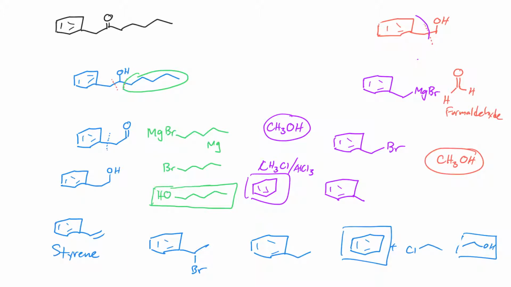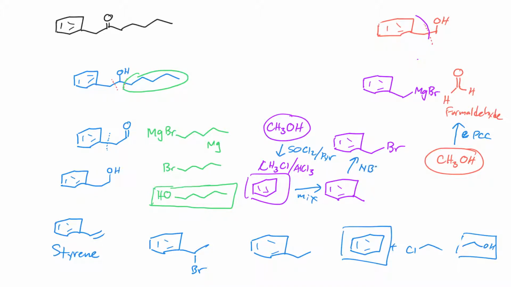So let's go from the left side here. I can take methanol, oxidize that using PCC to make formaldehyde. I can take methanol, turn that into methyl chloride via SOCl2 and pyridine. Then I can react benzene with aluminum trichloride to make methylbenzene.